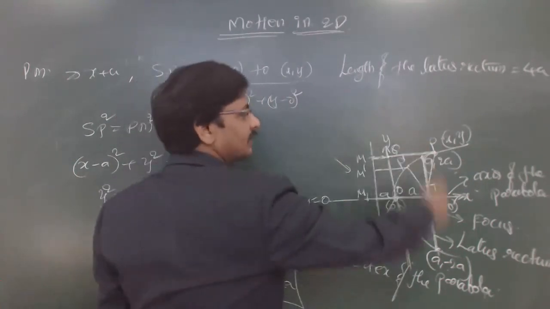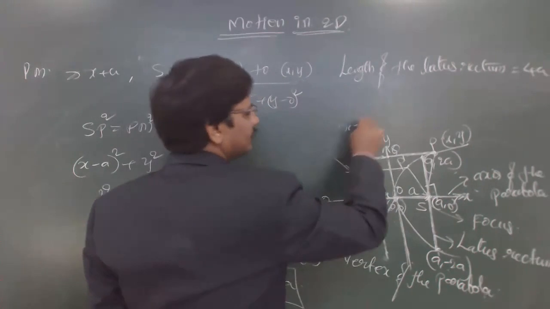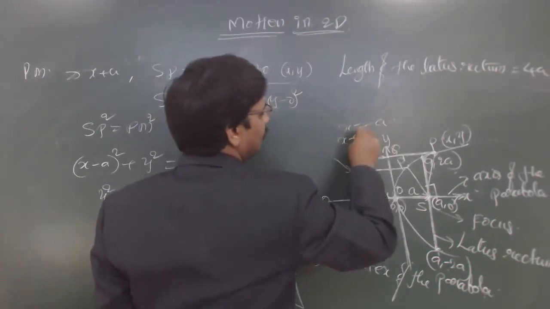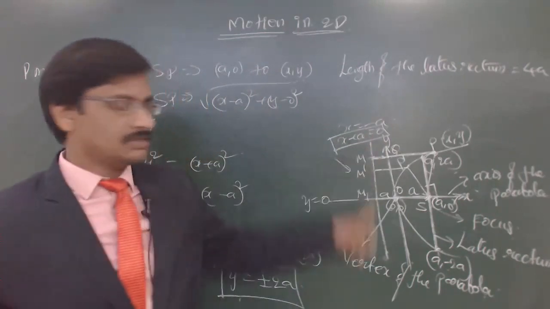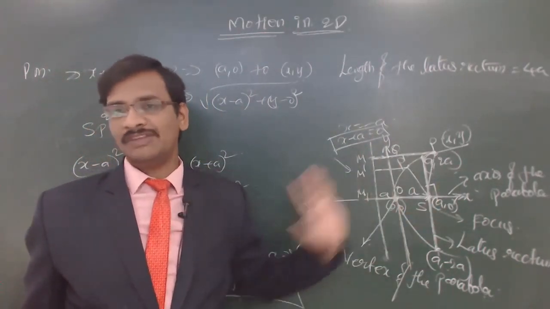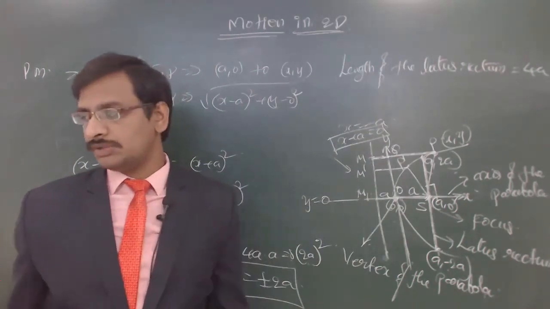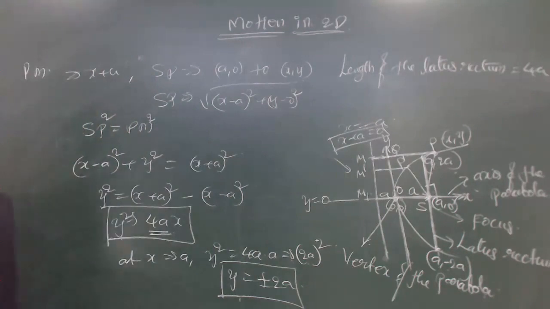Length of the latus rectum is 4a, and the equation of the directrix is x equal to minus a, or x plus a equal to 0. So we have got the complete information about the parabola. I hope you understood this. Then we can go to our discussion. Understood? Any questions on this?